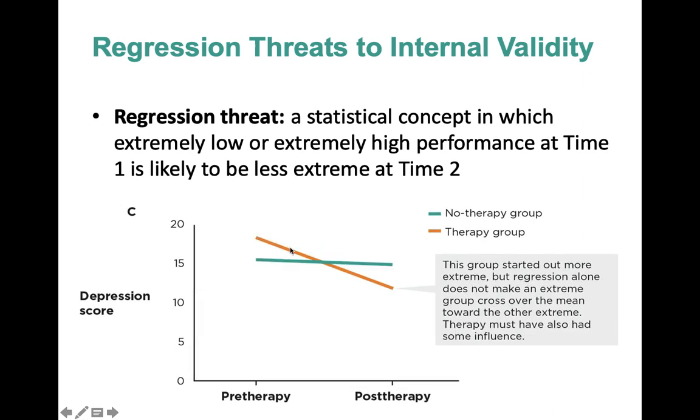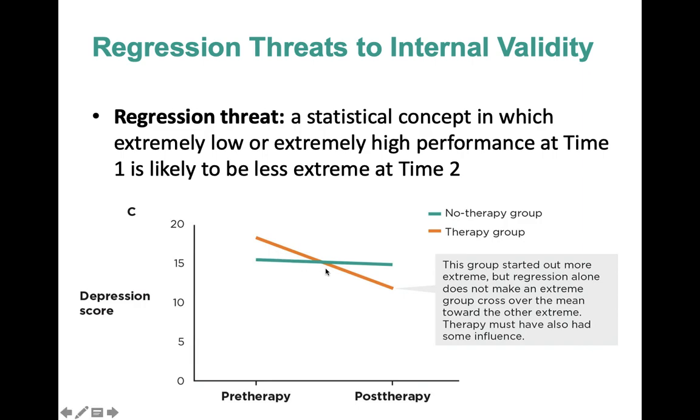But because this orange bar goes past the green bar so that they're even less depressed, we can say maybe this amount would be a regression effect, but this additional reduction has to be attributable to the therapy.